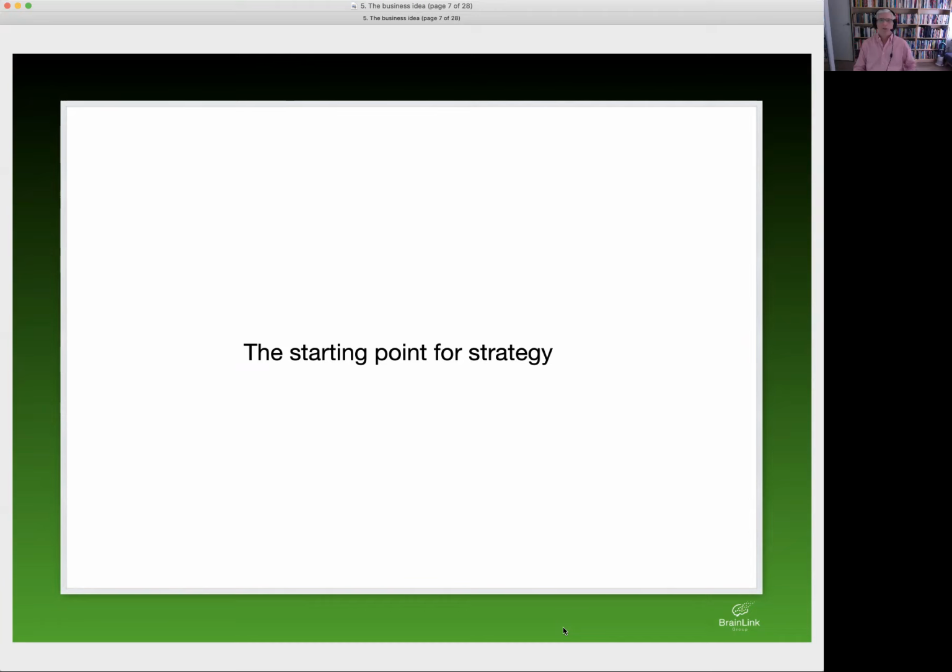And I mentioned to you that we sometimes use these two terms interchangeably, value proposition and business idea. But I'd like to explain to you the context now of the business idea. But please understand, this is the starting point of strategy. It's the point at which we really begin all our real serious thinking about strategy and also for scenario planning.